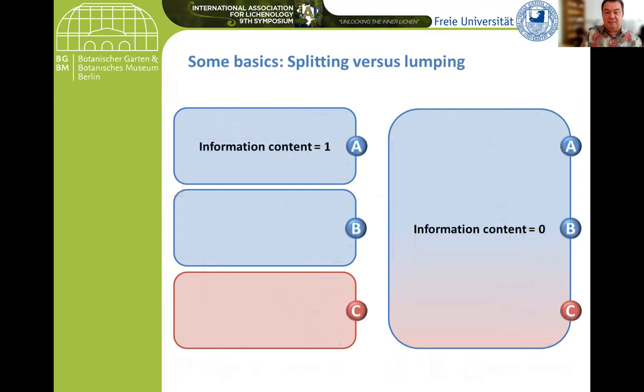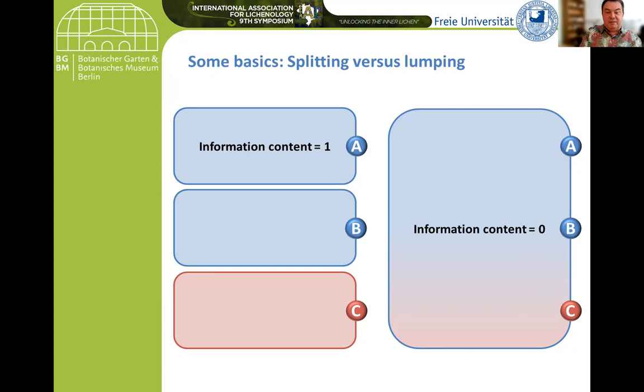One thing is a very simple approach based on information content. So in this case, for example, information content for the three taxa solution would be 1, and for the one taxon solution by default is 0, because you have only one higher group, a genus in this case.